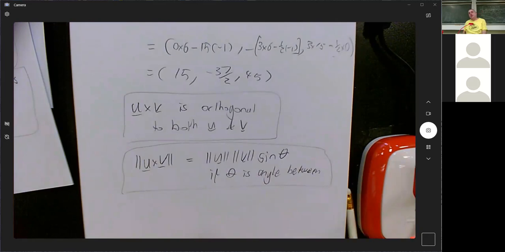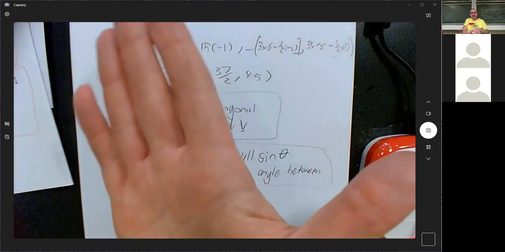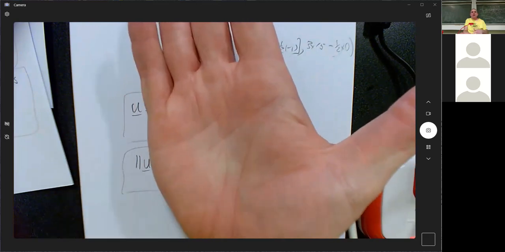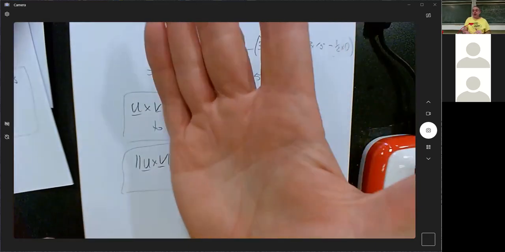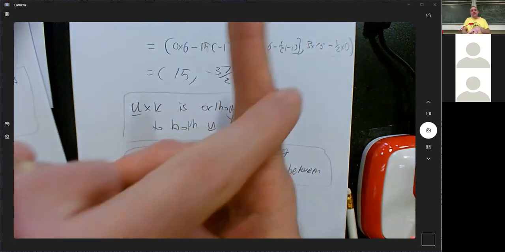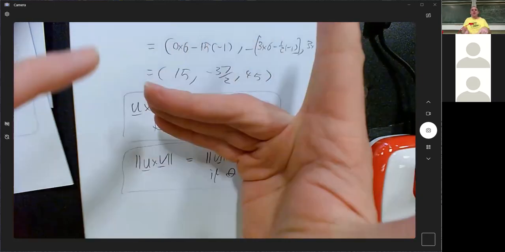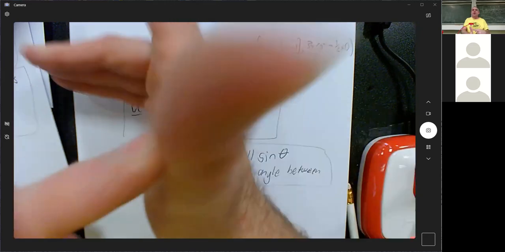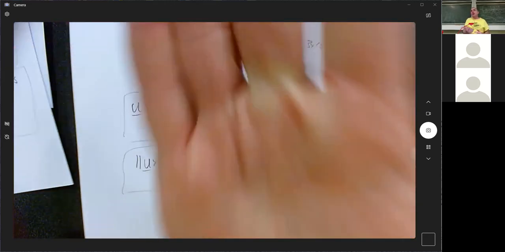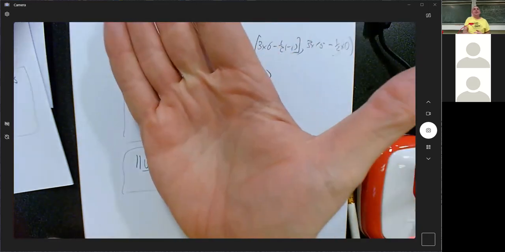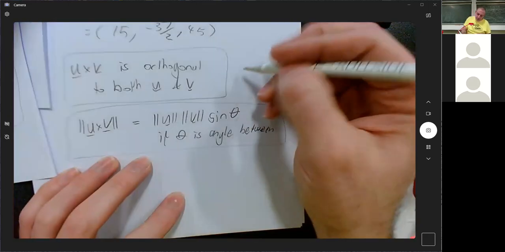And it's not just orthogonal to both U and V, there's 2 directions that are orthogonal to U and V, and it is if U is your thumb and V is your fingers, then the cross product points out of your palm if you're using your right hand. Some people say if U is your pointer finger and V is these fingers, and your cross product points in the direction of your thumb, but it's harder for me to maintain this for as long as I can maintain this.